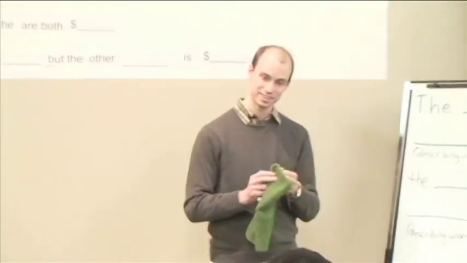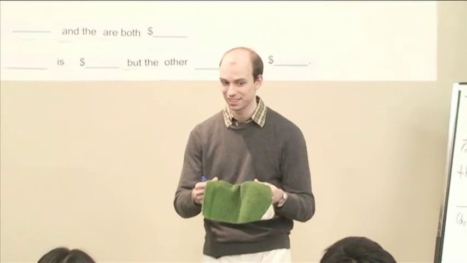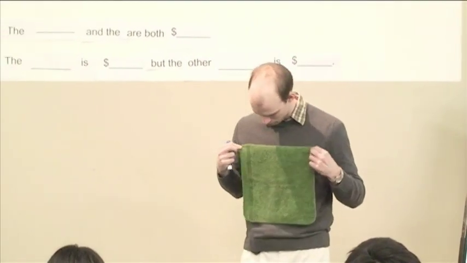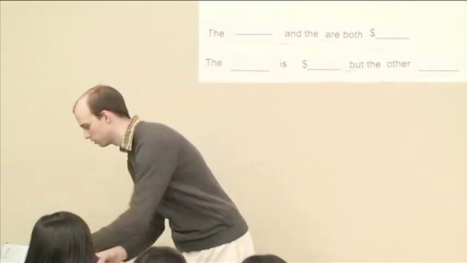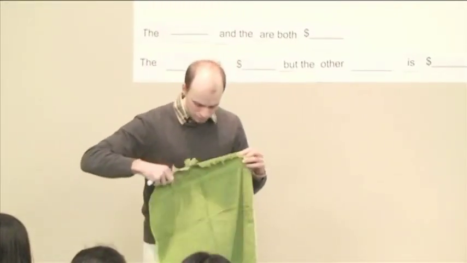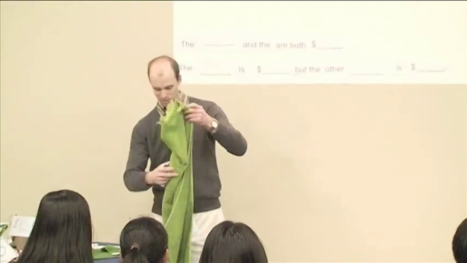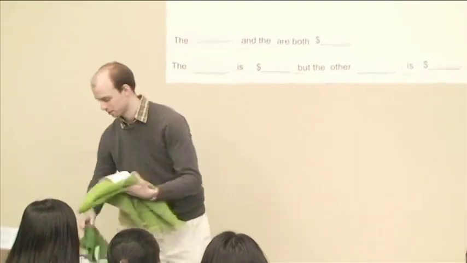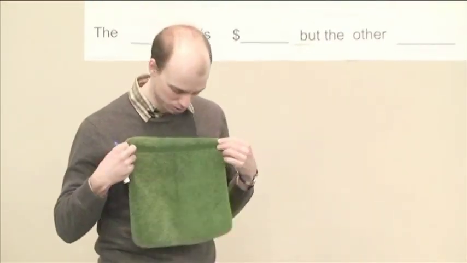Okay. Anything else? Large? I don't know if it's large. It's not very large. I didn't bring my really big towel. Tall, this would be tall or big. That's right. So what's the opposite of big? Small. I think this is pretty small.